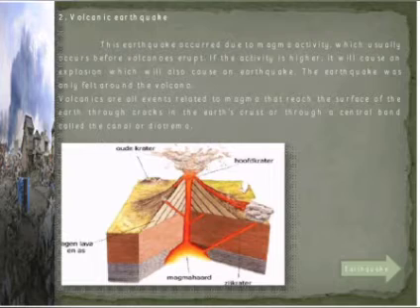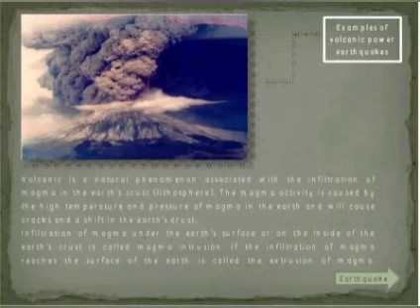The earthquake is only felt around the volcano. Volcanic events are all related to magma that reaches the surface of the earth through cracks in the earth's crust or through a central channel called the conduit or diatreme.